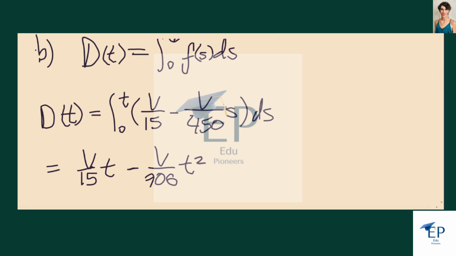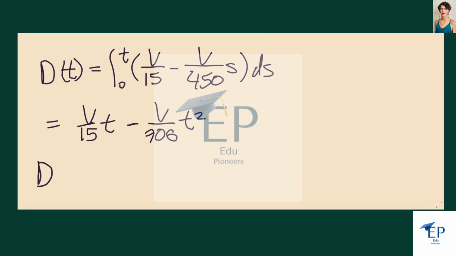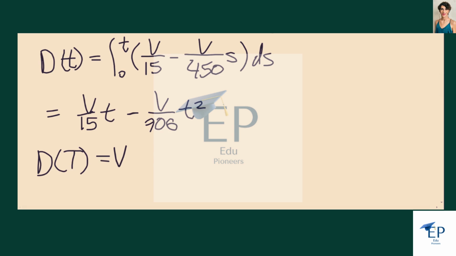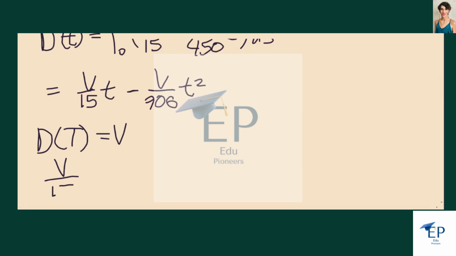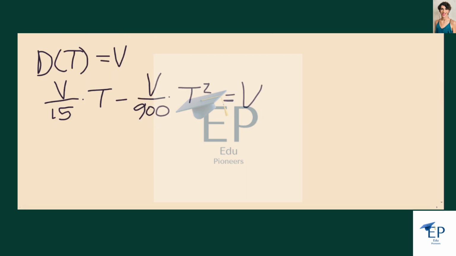And now we want to solve the equation d of big T equals v. So v over 15 times big T minus v over 900 times big T squared equals v. And so we obtain this quadratic equation, which we can solve. It actually reduces to a simpler form.